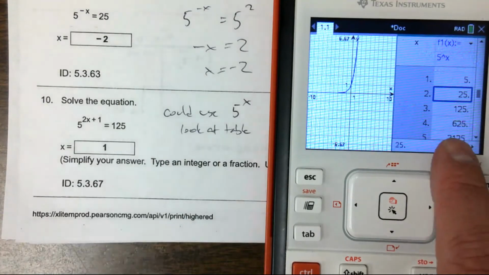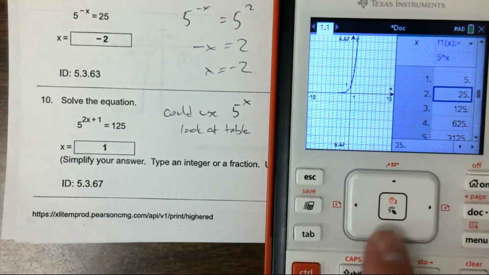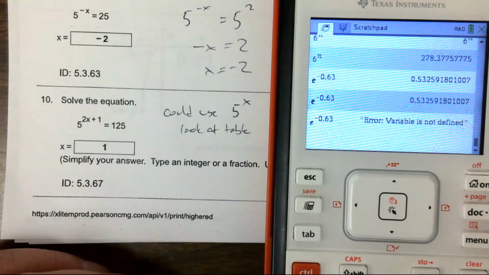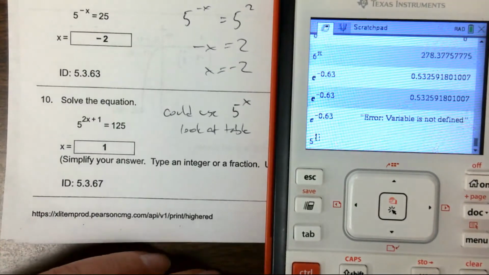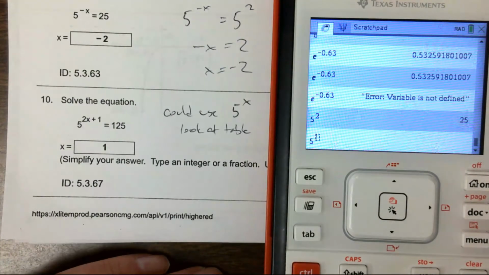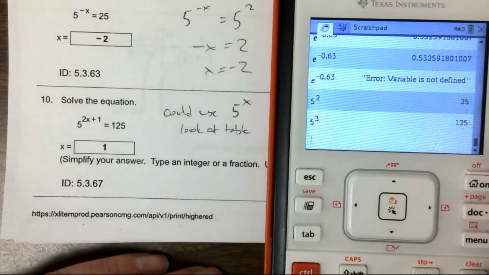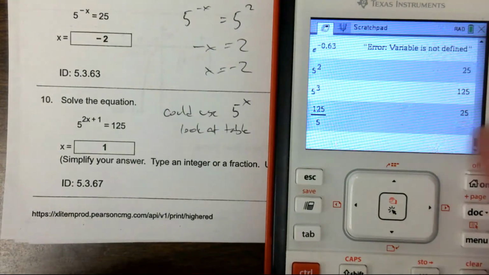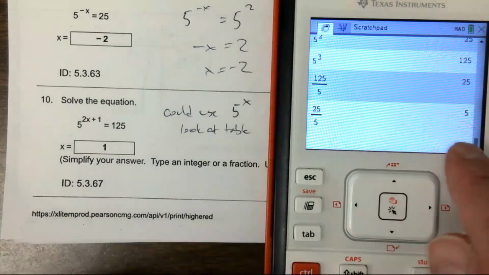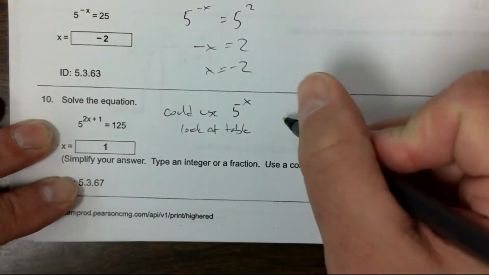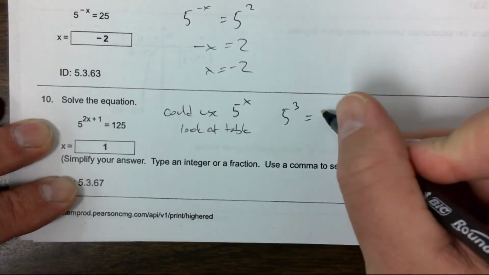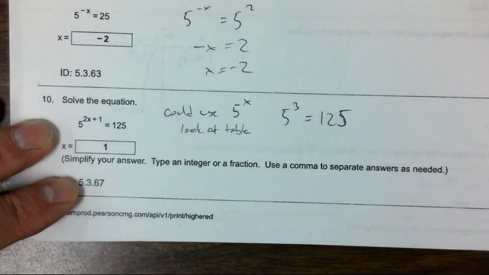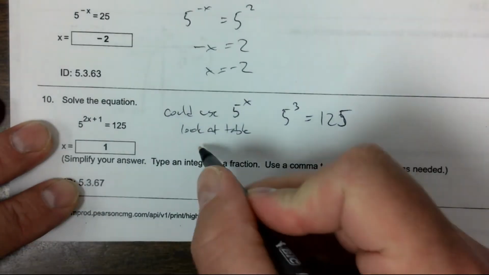Now, if you don't like doing it this way where you can see all the values at one time, you probably could do a number of things. You could do, well, is it 5 squared? No. Is it 5 cubed? Yes. The other way you could do it is say 125 divide by 5 and then divide that by 5 and figure out that 5 to the third power, however you want to do it, is 125. So look at the table as one method.